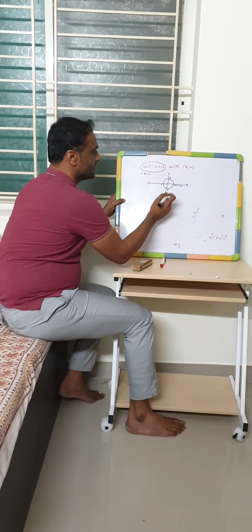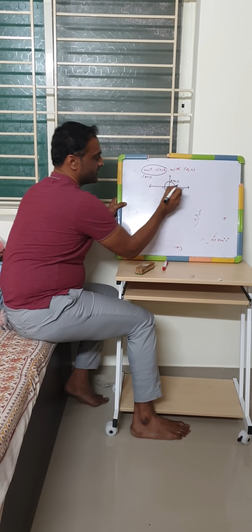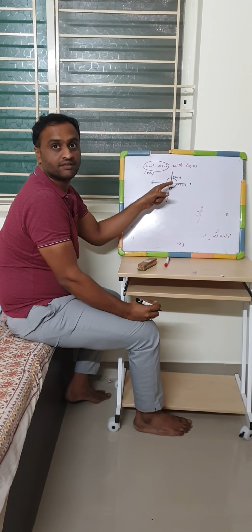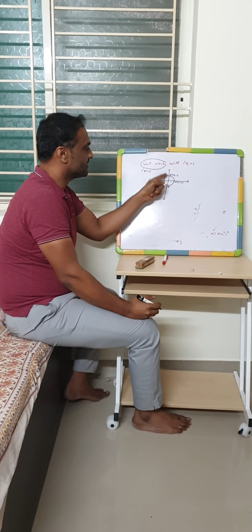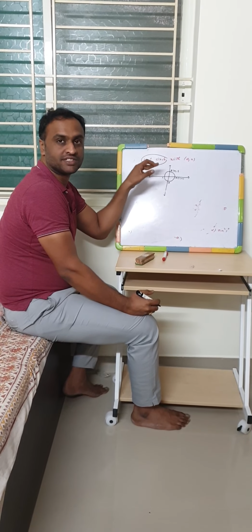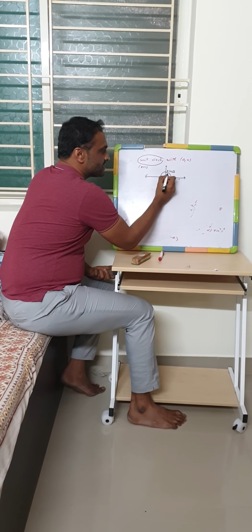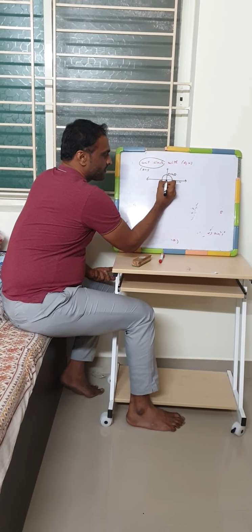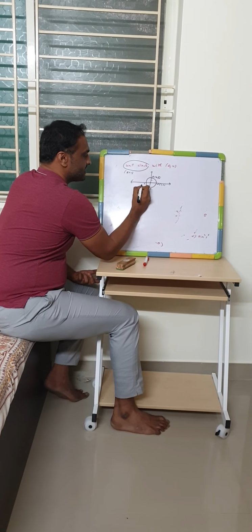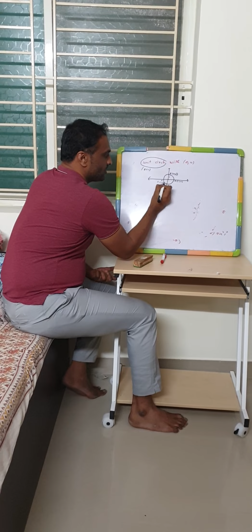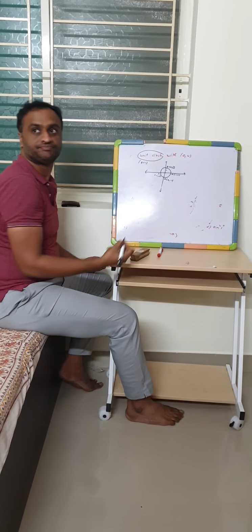Similarly for B, the coordinates are 0, 1. Zero is the distance to the y-axis, since B lies on the y-axis, and the y coordinate is the distance to the x-axis, which is 1 since it is a unit circle. Similarly, I can name C as minus 1, 0 and D as 0, minus 1, right?